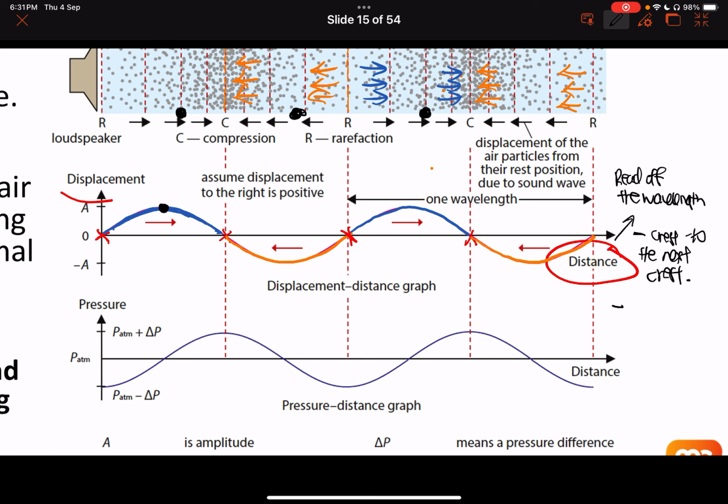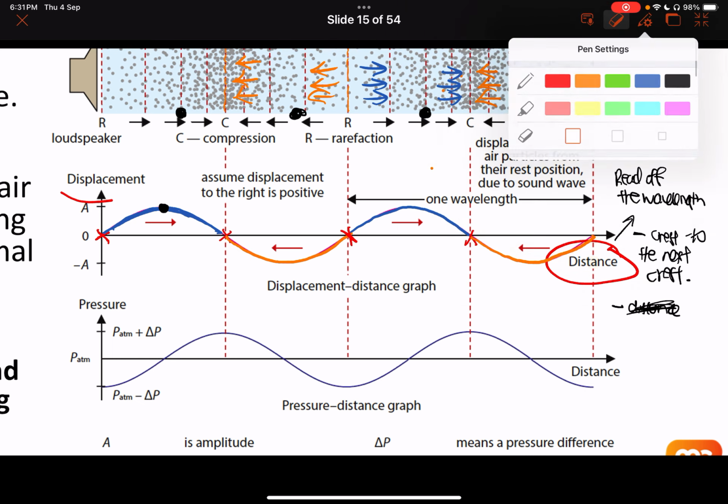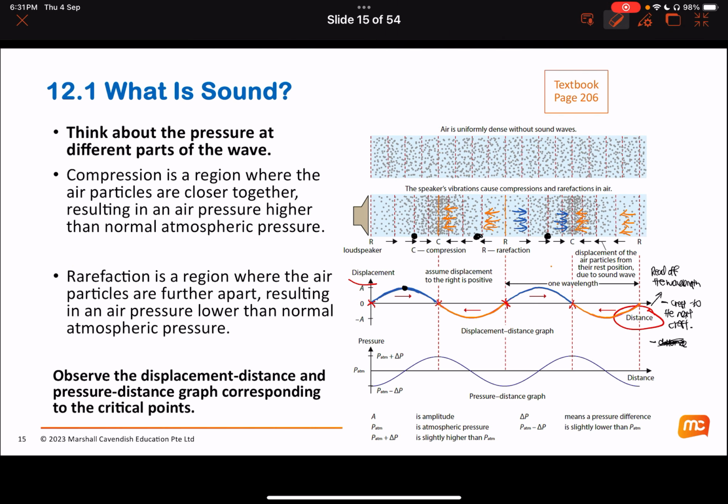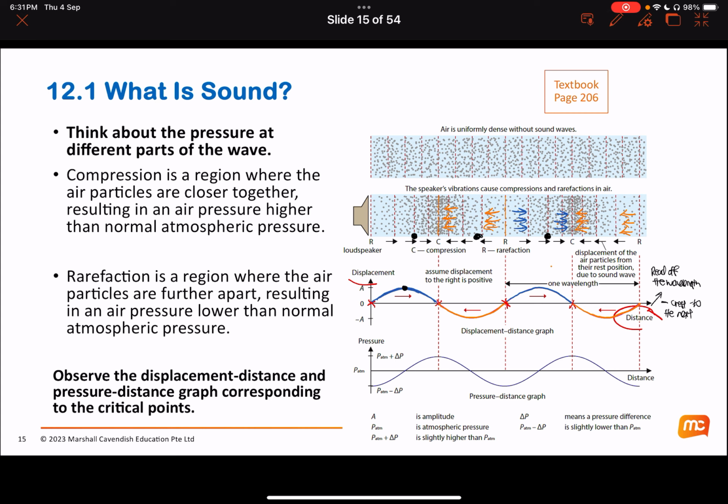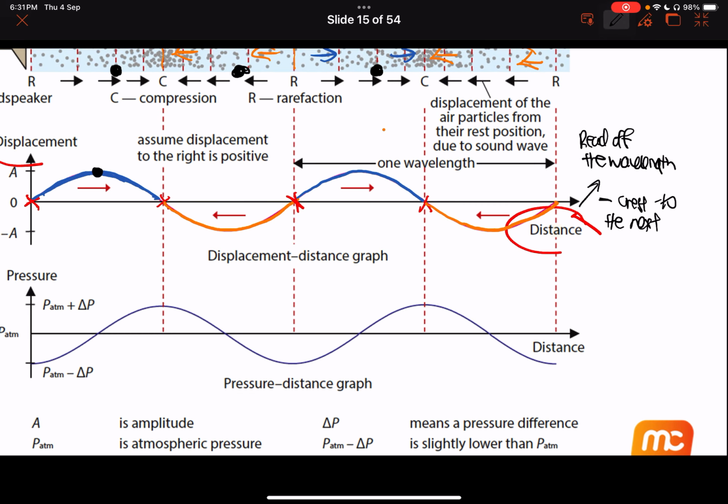But really, the wavelength is basically just the distance between any two points that are in phase.